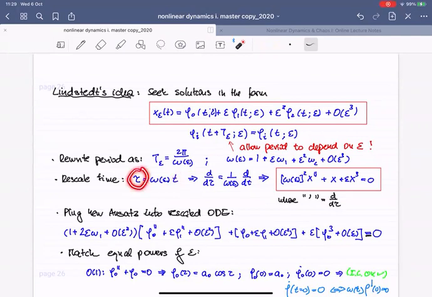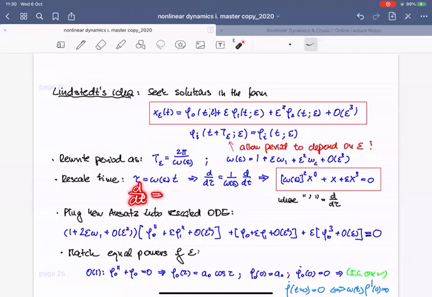The reason we introduce the new time is that we then want to express the ODE with respect to the new time. So you need to be able to say how the derivative with respect to tau is related to the derivative with respect to t. By the chain rule, this is what we currently have in the equation: second derivatives with respect to t, and first derivatives. If I know how to take a first derivative, then I can do that twice.